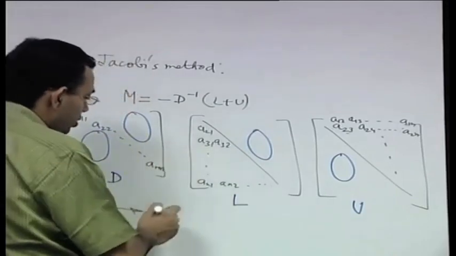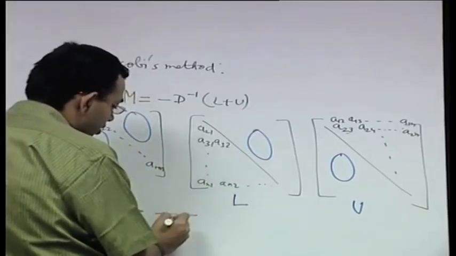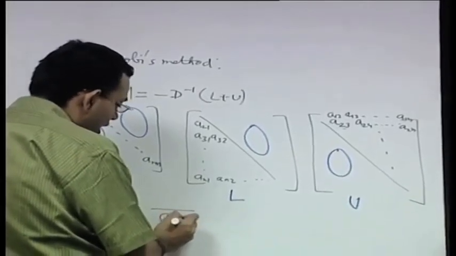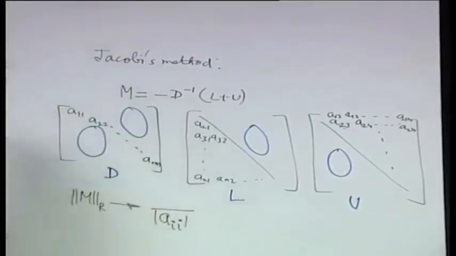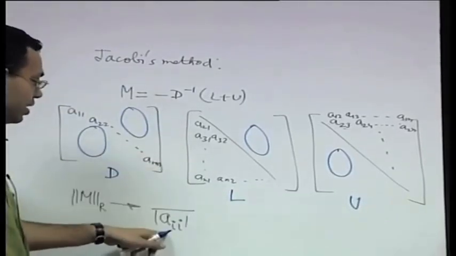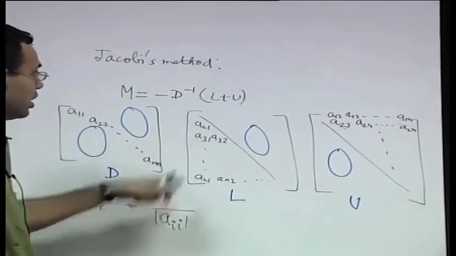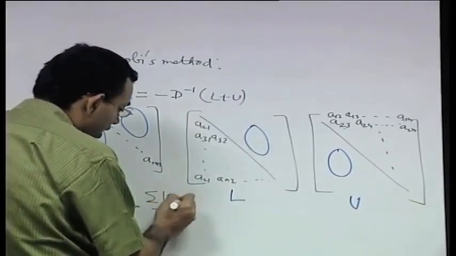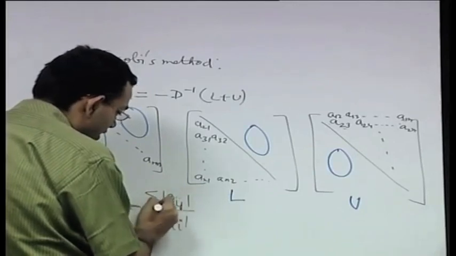So, what will be the row sum norm? For any row we divide by the corresponding diagonal. A_ii for the ith row is the diagonal. So, you divide by this one, the mod of that. In the numerator you have the summation of mod of A_ij where j is not equal to i.